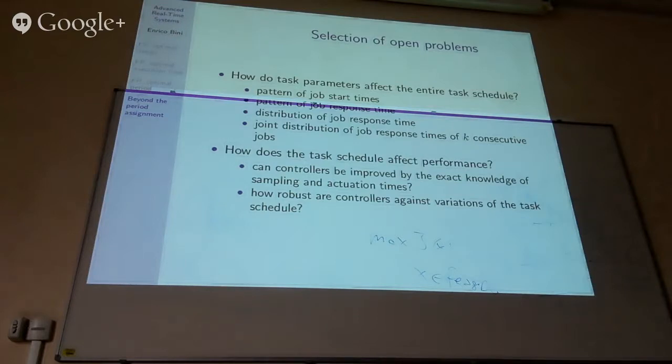In the worst case scenario, the worst case is the longest response time or the latest start time, things like that. But designing a controller based on the worst case is not good. It's pessimistic, or it's wrong. So maybe knowing the exact pattern can improve the design.